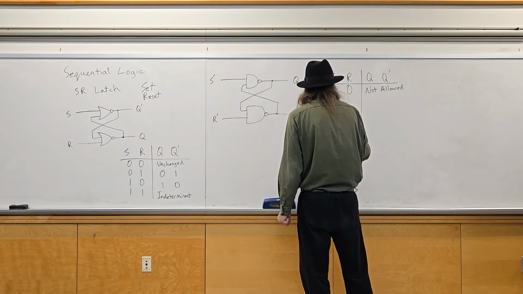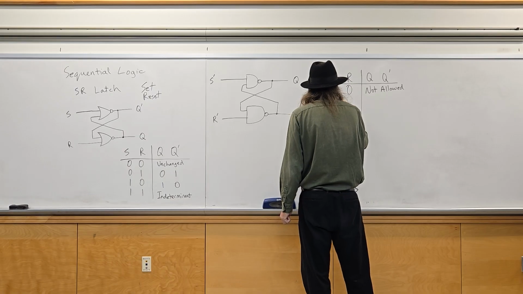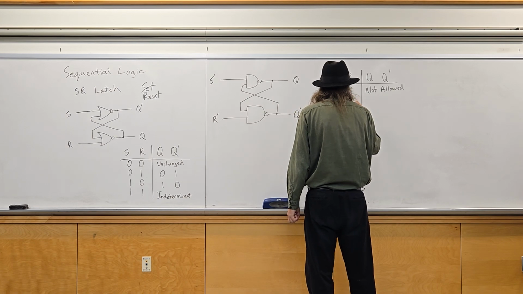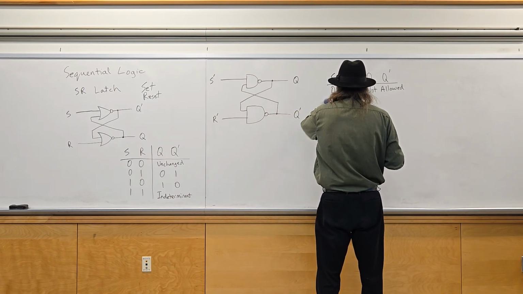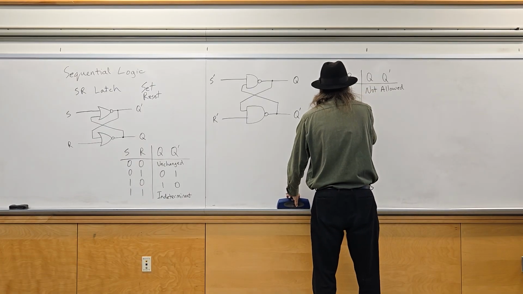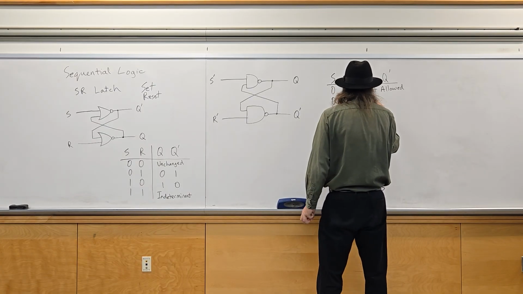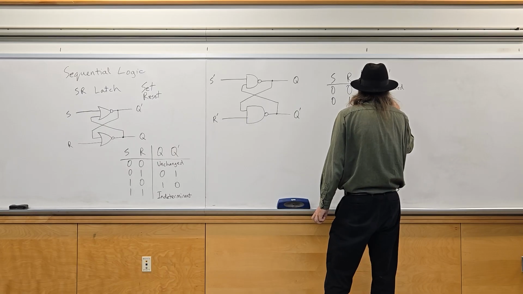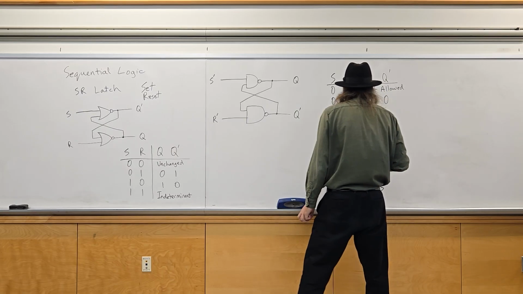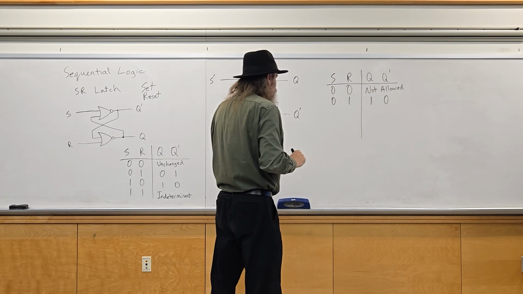It is indeterminate. 1, 0. I'm sorry, 0, 1. 0, 1 on the set sets the Q and puts the Q prime to 0.